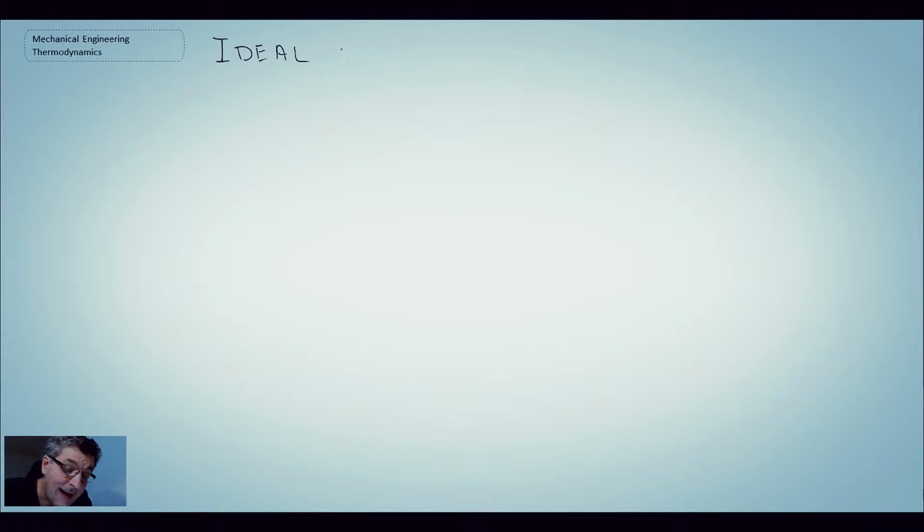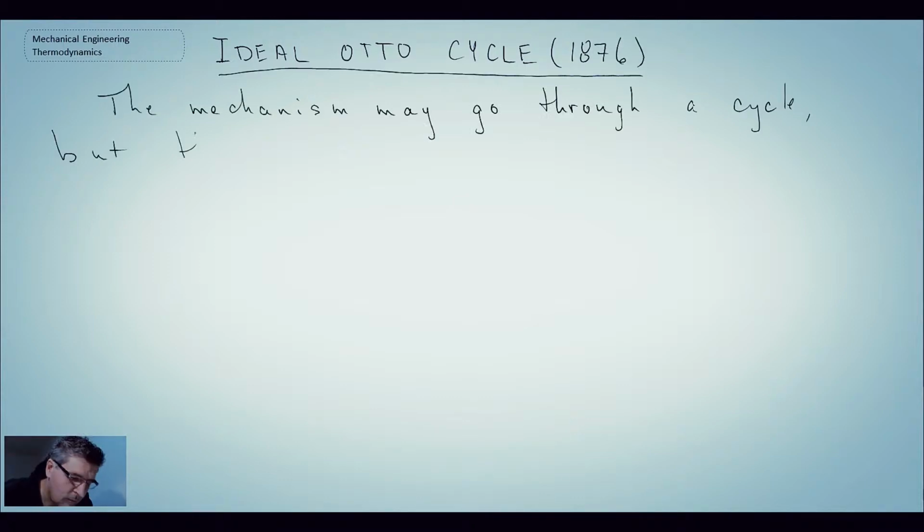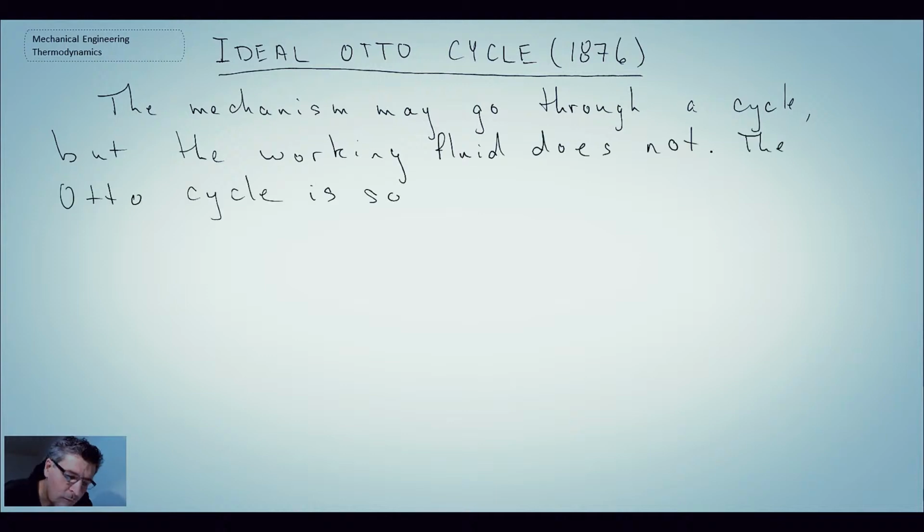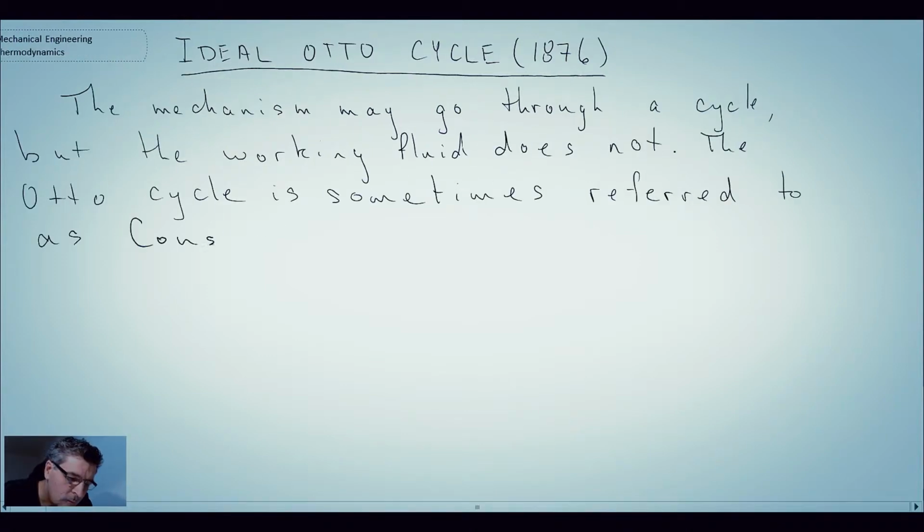We call it an ideal Otto cycle because in reality, with the real Otto cycle, we aren't able to make the approximations and assumptions that we will throughout the analysis that I'll present here. So a couple of things to point out.